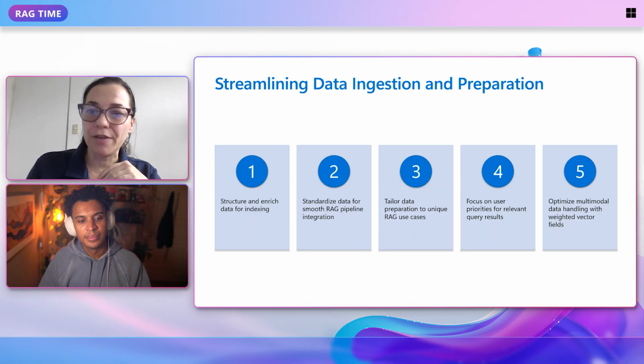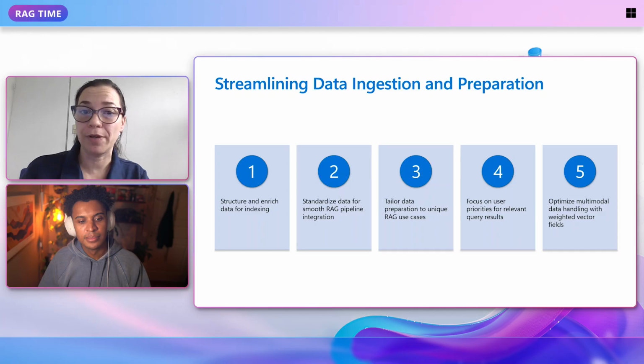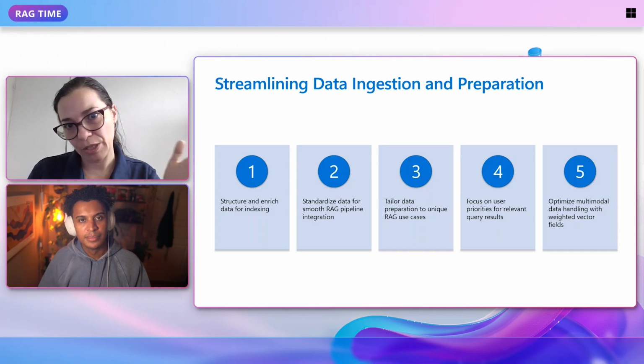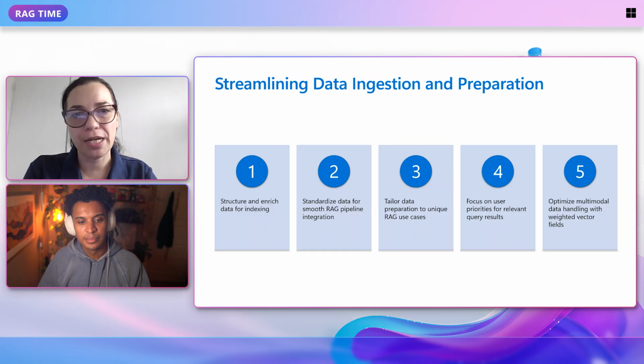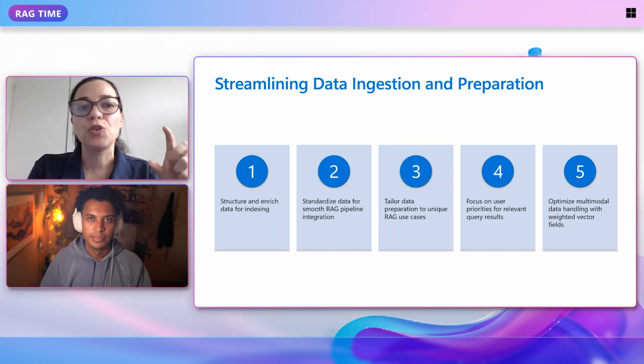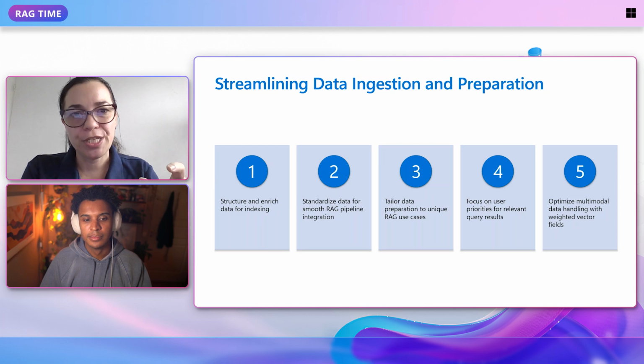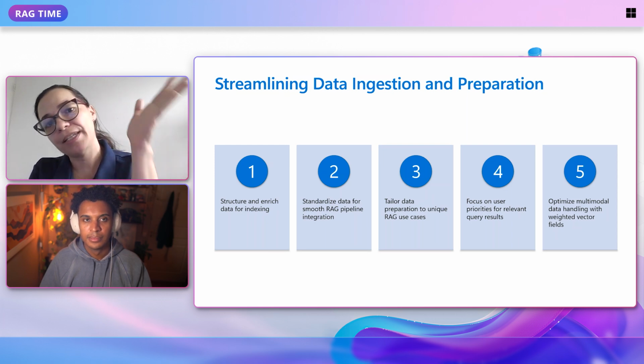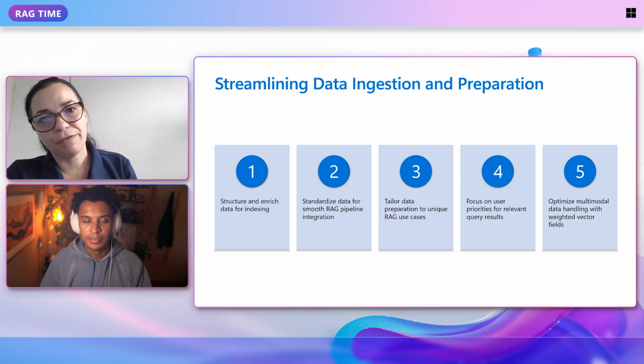Well, integrated vectorization is quite important because this is the way that Azure AI Search provides developers with a streamlined process to get their data from their data sources to the index, and in the middle to be able to crack their data, enrich it, make sure that it is chunked, and finally embed the data to prepare for the index.